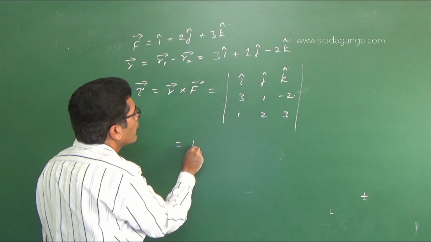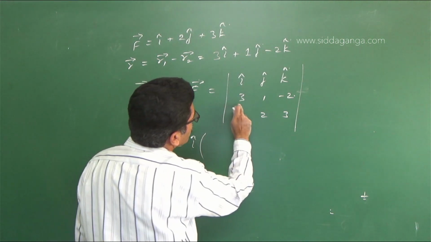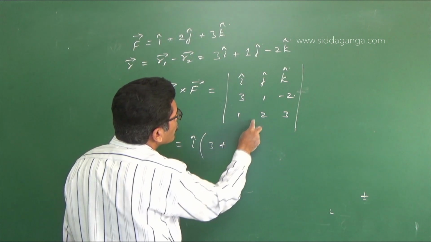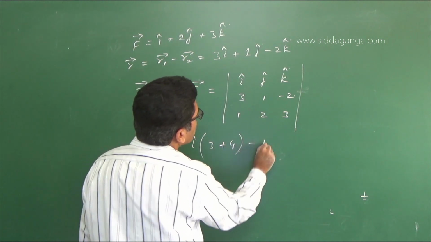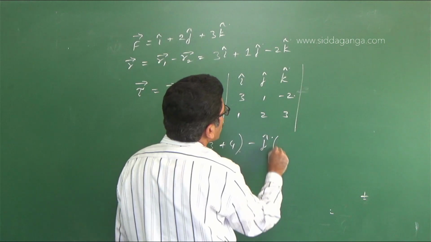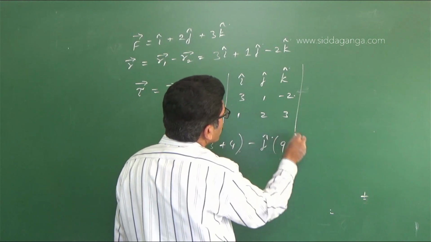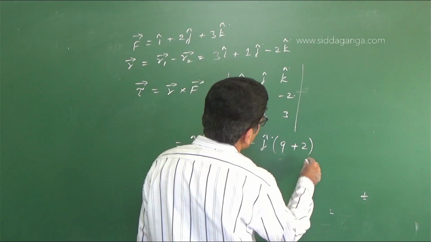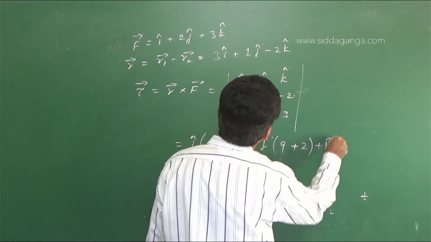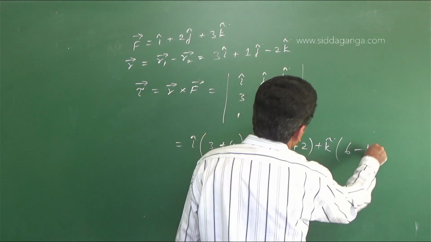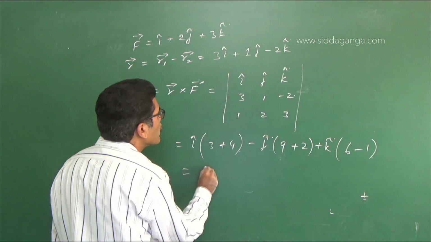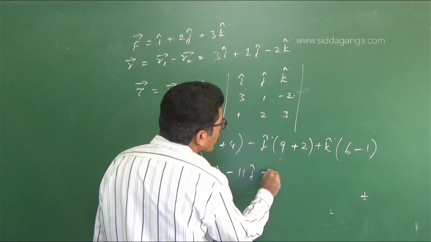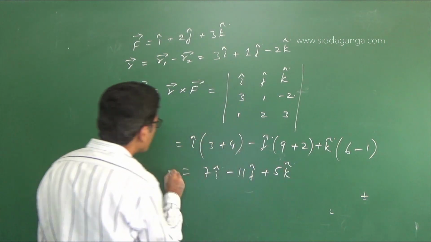Now you just take these two: 3 plus 4, then minus J cap into 9 plus 2, plus K cap into 6 minus 1. Therefore, 7 into I cap minus 11 into J cap plus 5 into K cap. This is the torque.